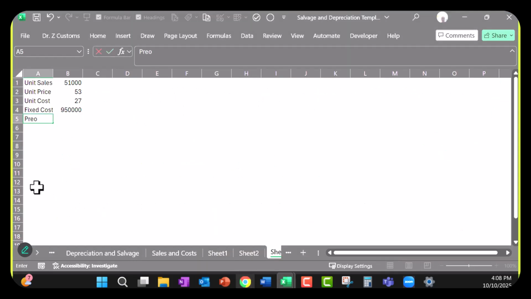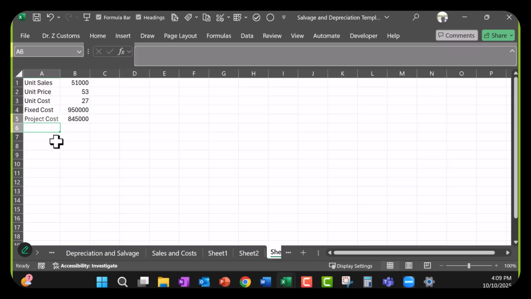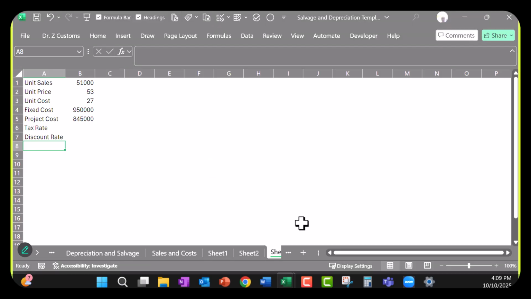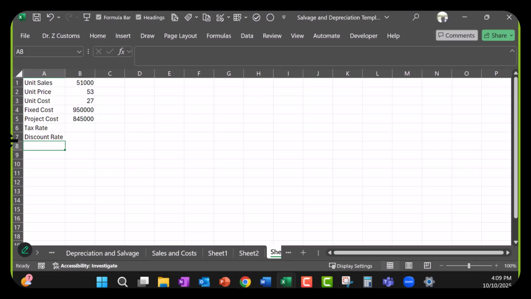Project cost. Tax rate 22. Discount rate is 10.